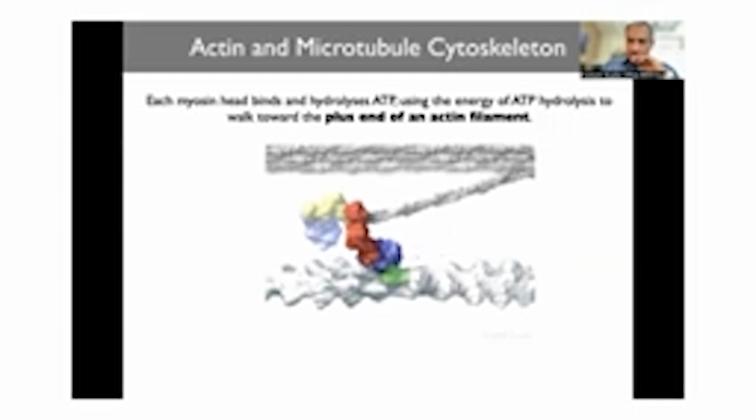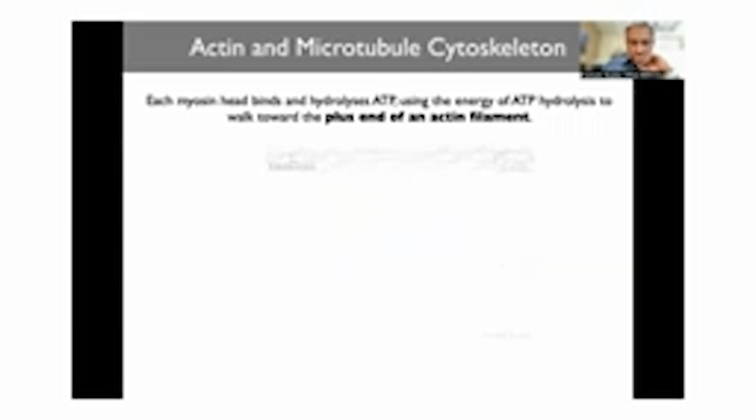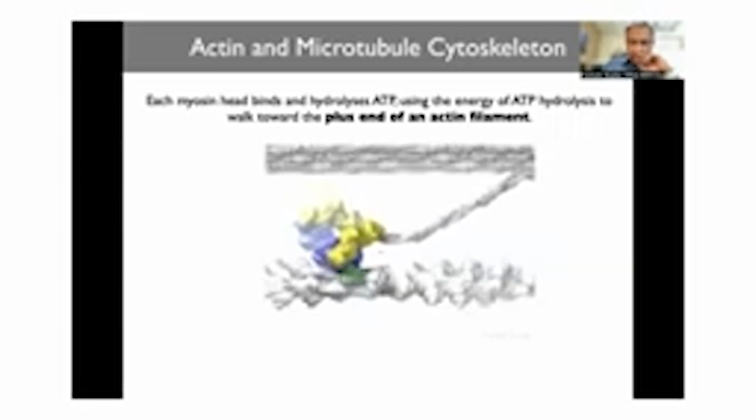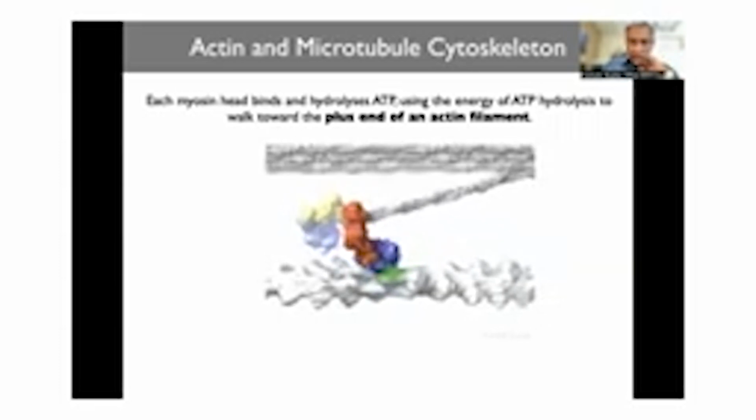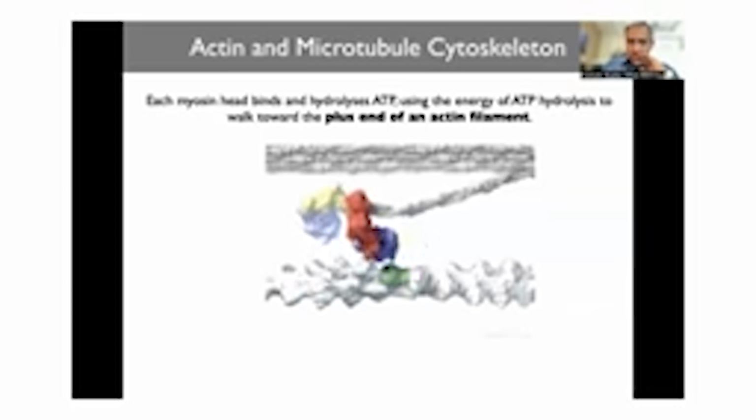ADP then dissociates, and ATP binds to the empty nucleotide binding site, causing the myosin head to detach from the actin filament. On the detached head, ATP is hydrolyzed, which recocks the lever arm back to its pre-stroke state. Thus, like a spring, the arm stores the energy released by ATP hydrolysis, and the cycle can repeat.